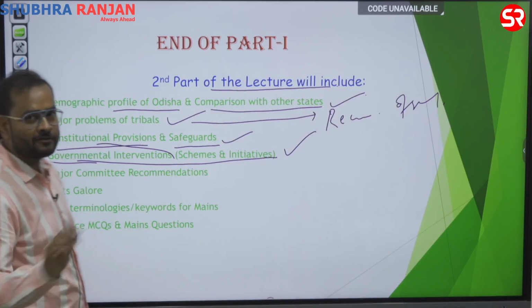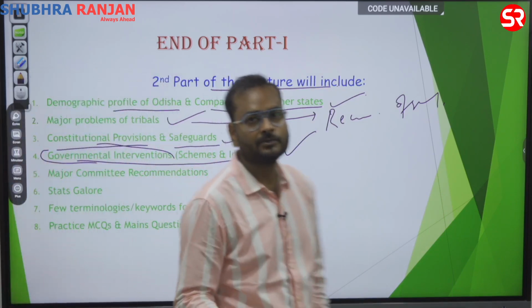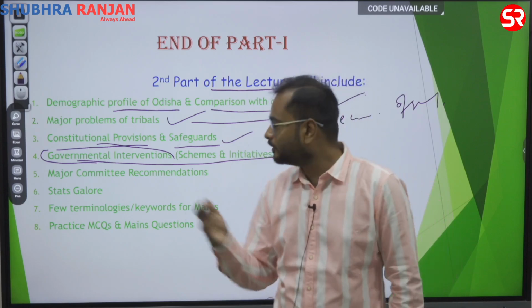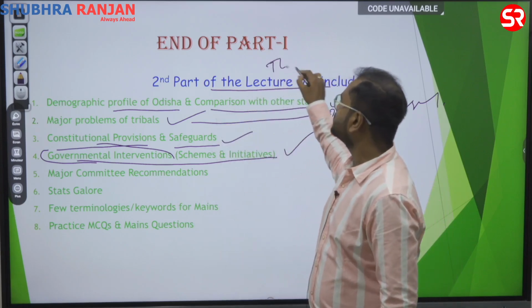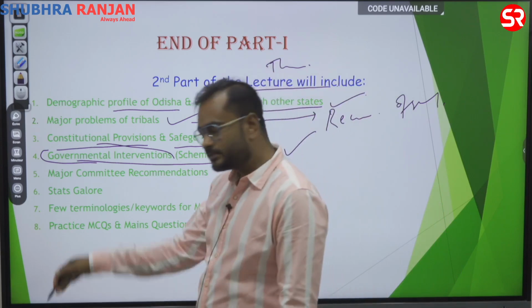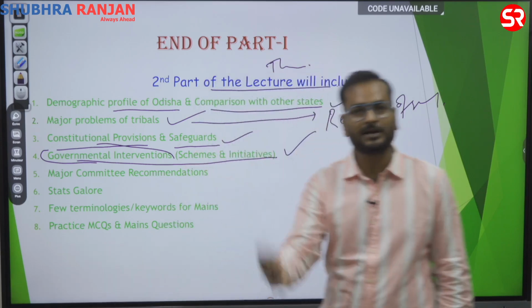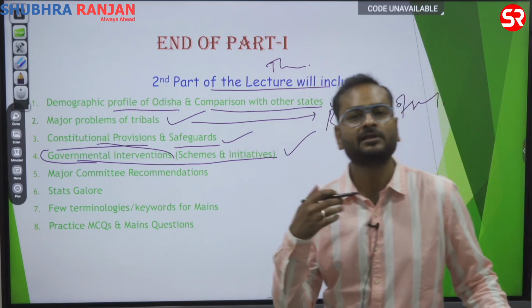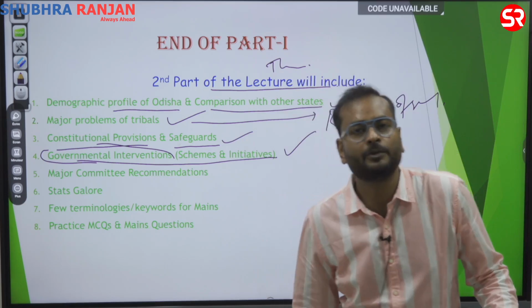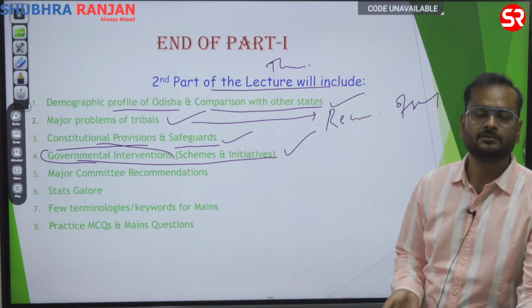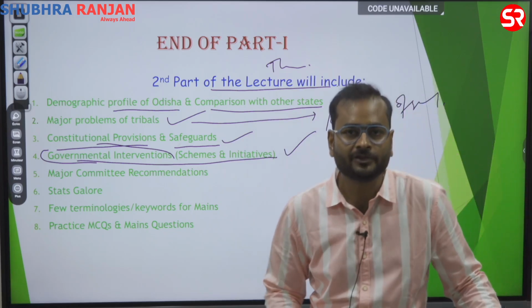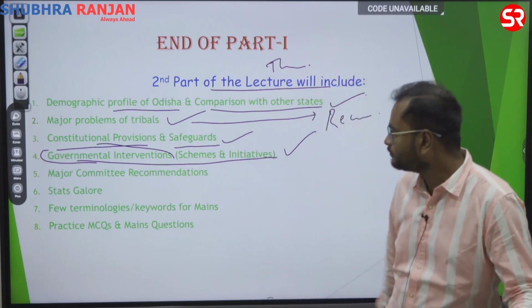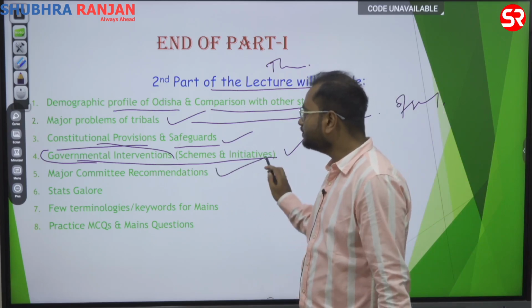So government interventions is a broad term, an umbrella term, and this umbrella term will be applied to the tribals in this part of the lecture. In other vulnerable sections, let's say we'll take up women, differently abled persons, senior citizens, then we will again see what are the government interventions. Understood?